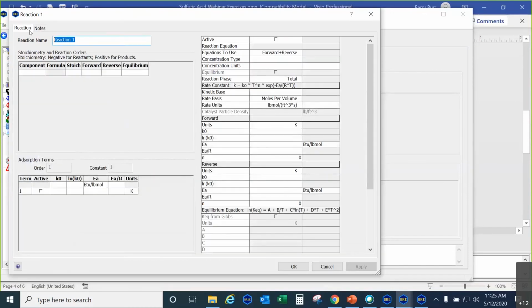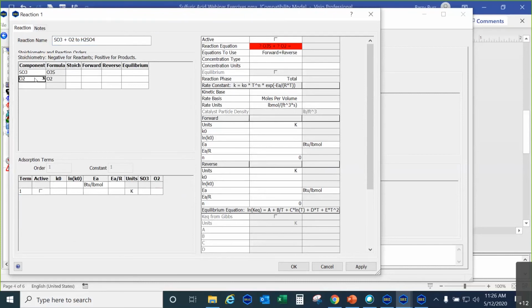We're going to call this, and we're going to start adding components. So this reaction uses SO3. It uses oxygen. Actually, that's wrong.